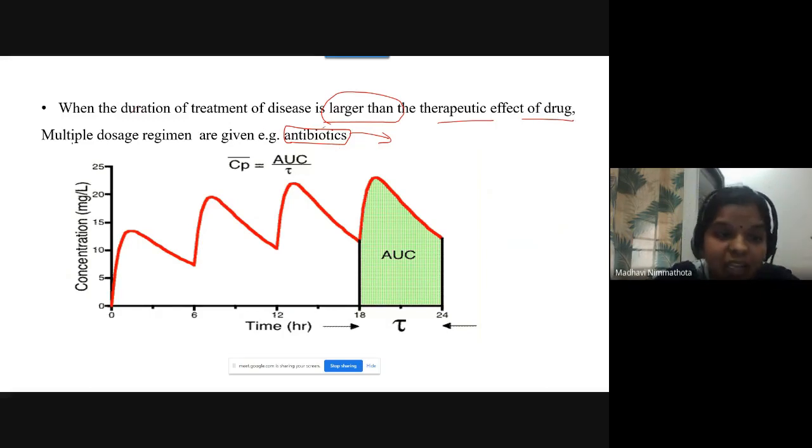So in those cases, a multiple dosage regimen can be given by taking dosing intervals and area under the curve measurement. So we have another option to treat a disease whose duration is larger than the therapeutic effect of the drug.